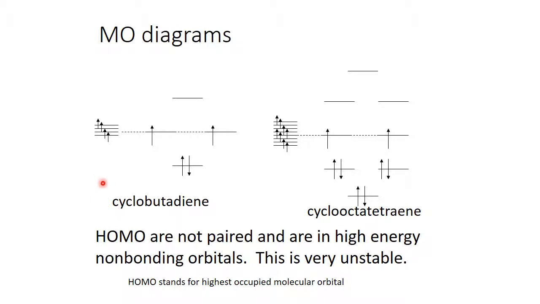It's so high energy that it doesn't even like to form. It won't go planar. What it tries to do is be twisted so that it's not planar, and what we call anti-aromatic. Anytime you have orbitals filled in such a way that the electrons in the pi system ring are in a non-bonding level and unpaired, they are what we call anti-aromatic.